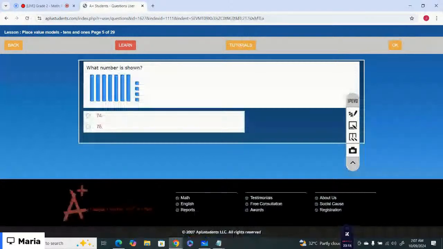Which number is shown? Which is the correct option? You have 7 tens and 4 ones.